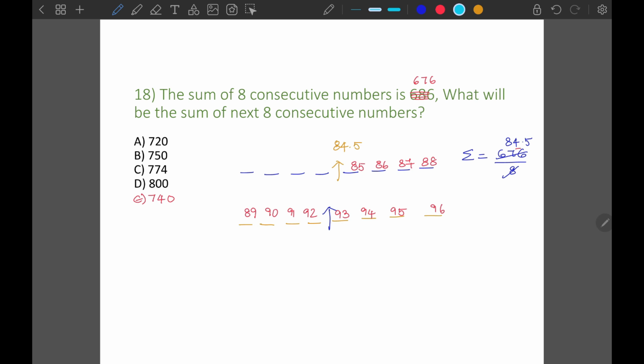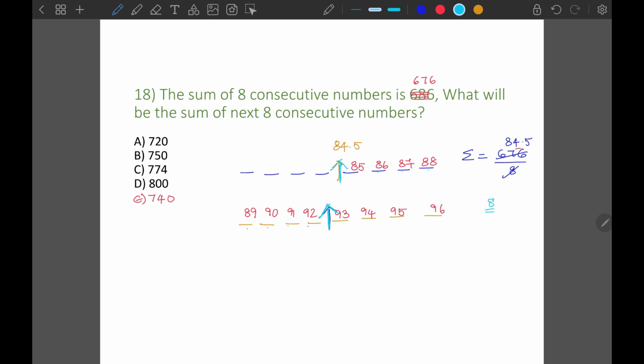Instead of adding all the numbers, I have a trick. This is the mean pointer of the first set. This is the mean pointer of the second set. We need to find how many slots are there between the 2 pointers. There are 1, 2, 3, 4, 5, 6, 7, 8 slots between the 2 means.